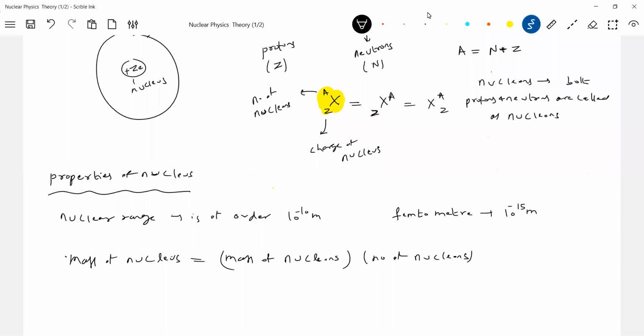What is the mass of a proton or neutron? Will it be in terms of kg? As we know, the mass of a proton is around 1.673, I'll write up to 3 decimal places, into 10 to the power of minus 27 kg. The mass of a neutron will be 1.674.